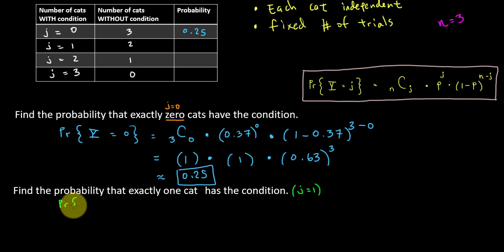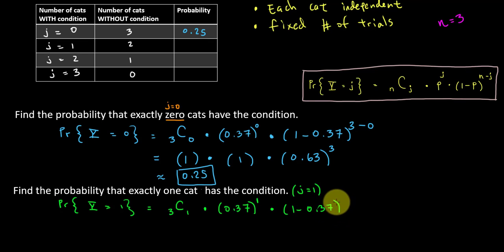Probability that the number of cats with the condition equals 1 is 3 choose 1 times p to the 1st power times 1 minus p to the remaining number of cats, which is 3 minus 1, which is a 2.